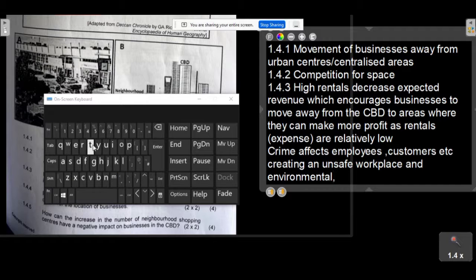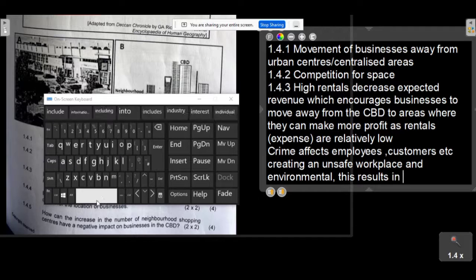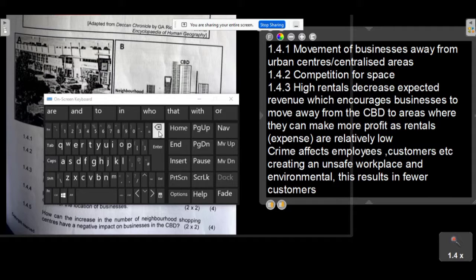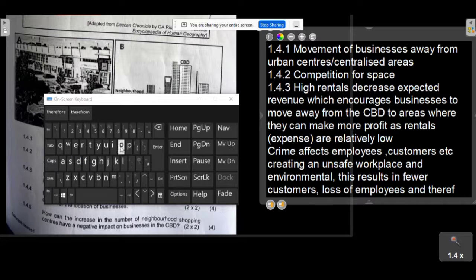This results in fewer customers because everyone wants to be safe where they are. Loss of employees, no one will want to work there. And if you don't have workers, how are you going to operate?